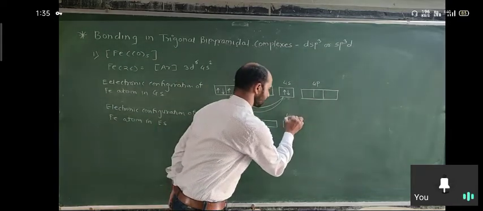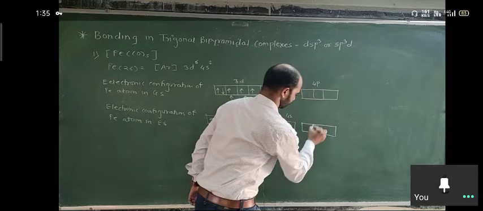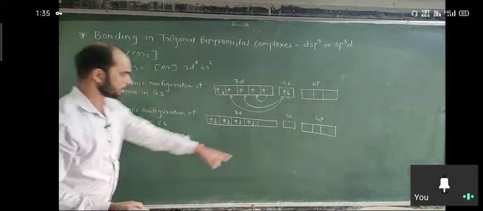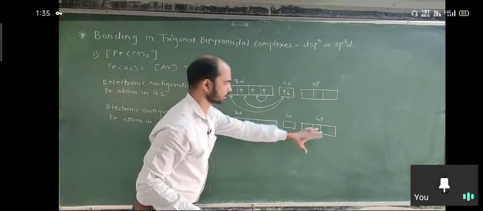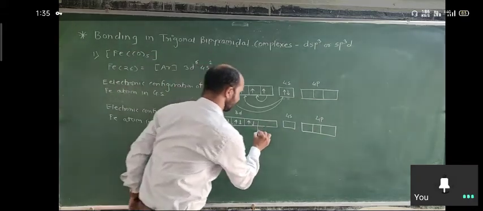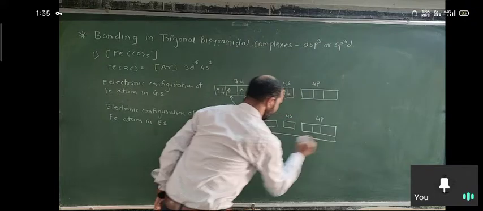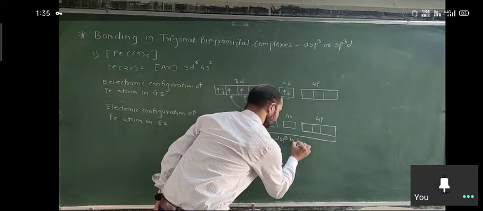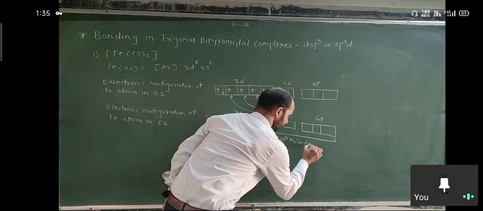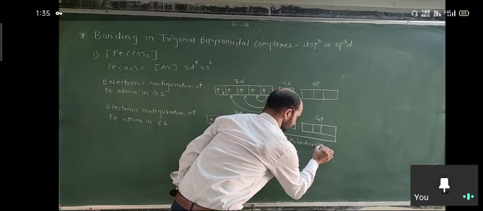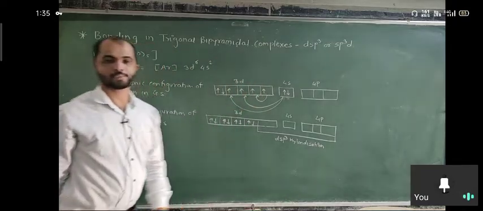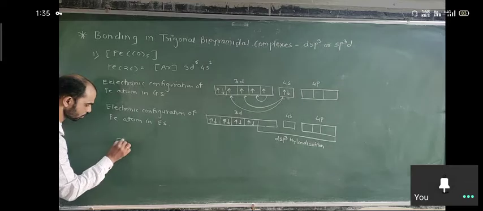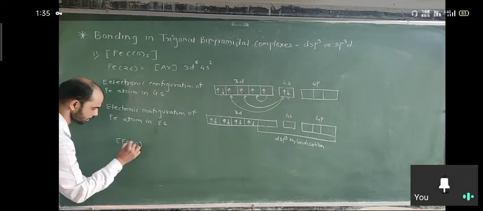There is 4s and there is 4p. That means the d orbital, s orbital and 3 p orbitals are vacant or empty. That's why the complex undergoes dsp3 hybridization. And finally, we consider the complex Fe(CO)5.